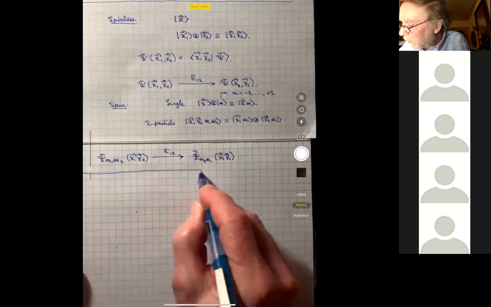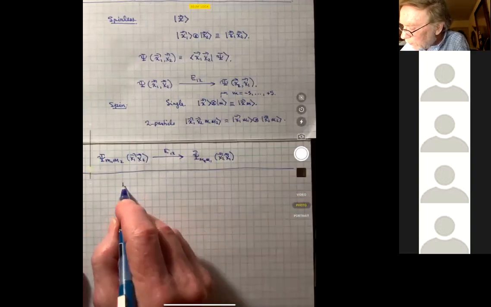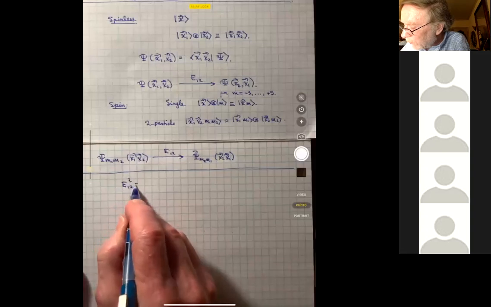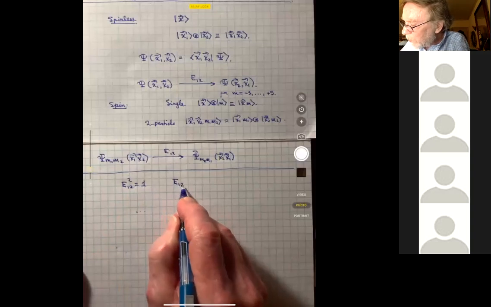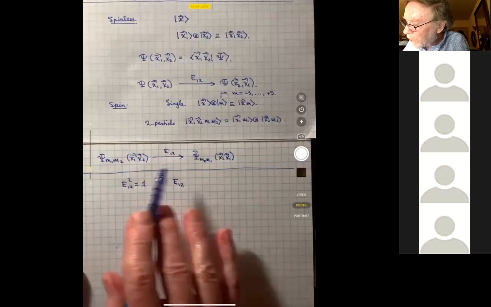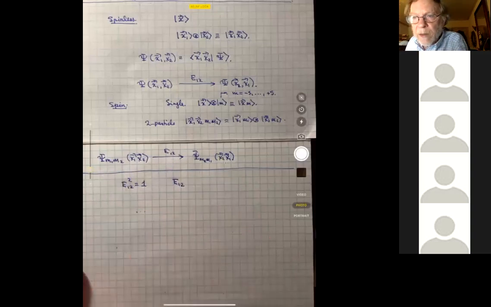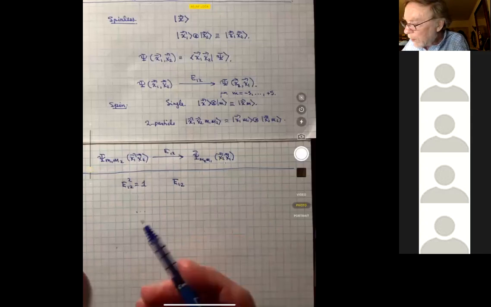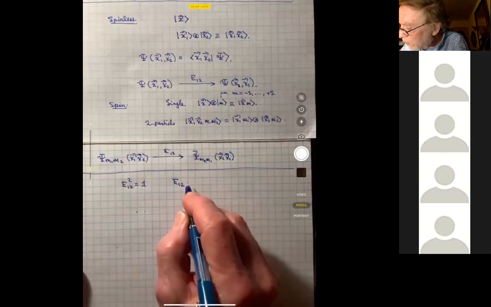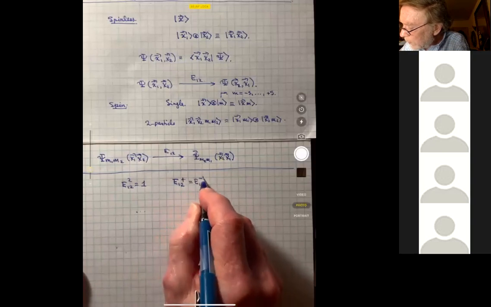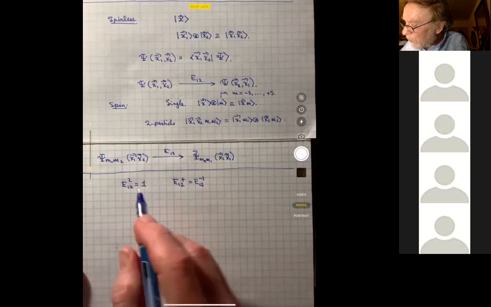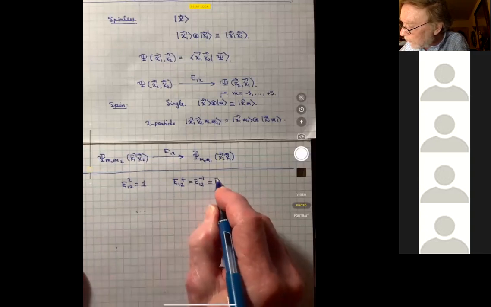All right. Now from these definitions, it's clear, first of all, that E12 squared is equal to 1, so it squares to unity. It should also be clear that E12 is unitary because it preserves the norm of the wave function. That's the main reason. Also, it's invertible. It preserves the norm of all wave functions. So E12 dagger is equal to E12 inverse. And E12 inverse is equal to E12 since E12 squared is equal to 1.